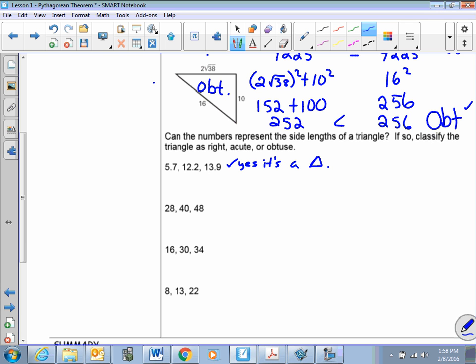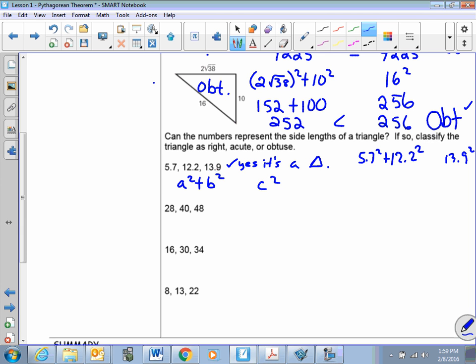So now I have to do a squared plus b squared and then c squared. So I got 5.7 squared plus 12.2 squared and 13.9 squared. And of course you would have to use your calculator for this since you have a decimal.